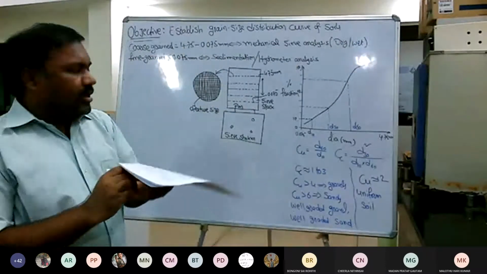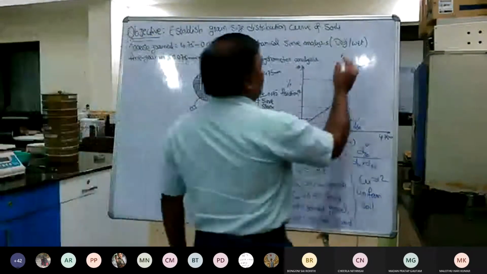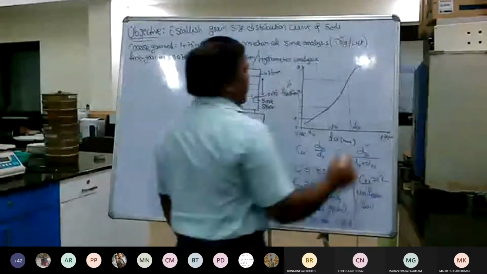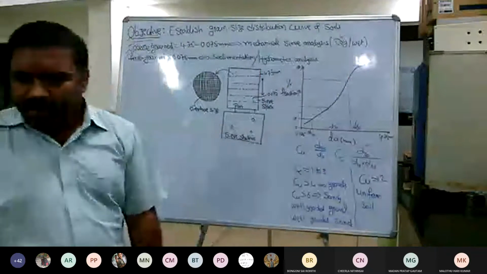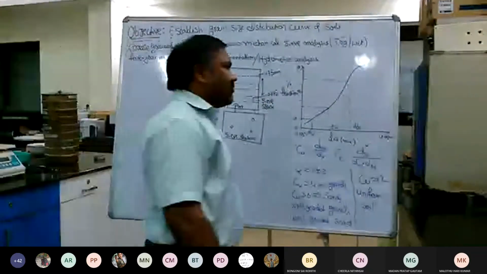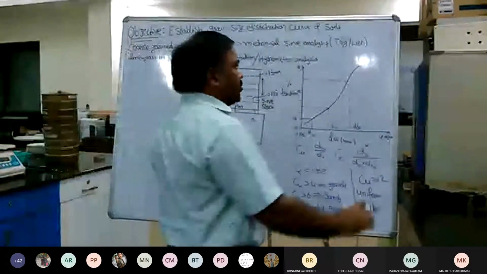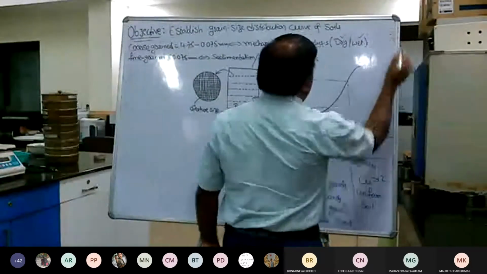Both are okay. If the fraction is more of the coarse size or the particles are highly pulverized, then you can go for the dry sieve. On the other hand, if there is a large amount of fine fraction near 0.075, then you should go for the wet sieve analysis.